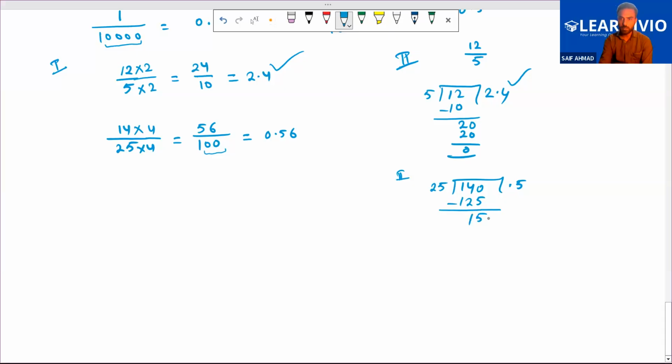Now put a 0 after this, because you have put a decimal here. You can add a 0 in the whole division. Now 25 times 6 is 150. Now you got the same answer, 0.56, the same answer. Understood?